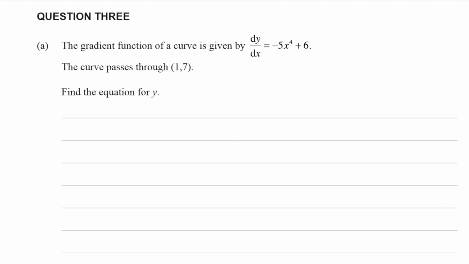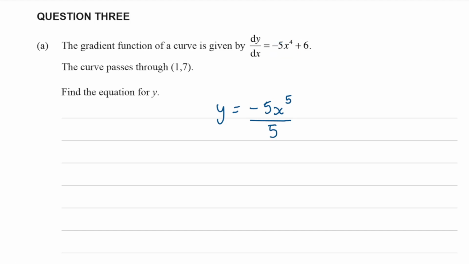So y would equal, so to anti-differentiate, we write the term as is, except we add 1 to the power, so in this case 4 becomes 5, and we divide the whole term by the new power, which in this case is 5.